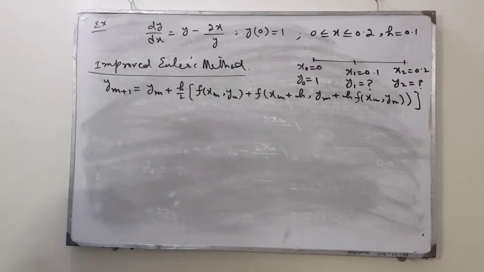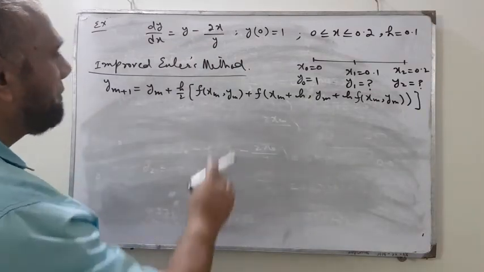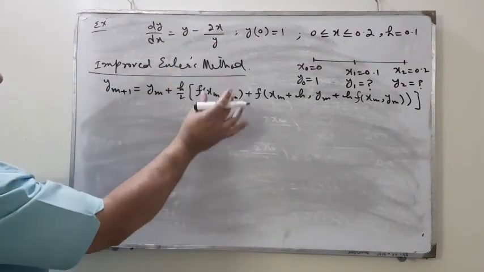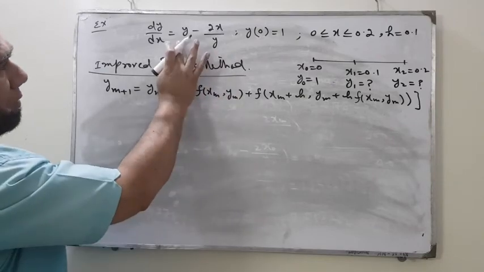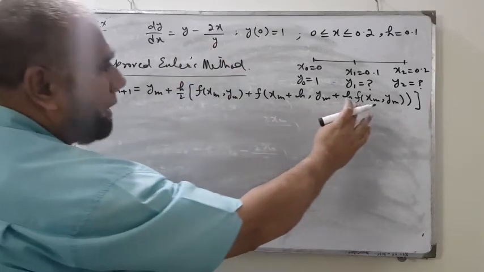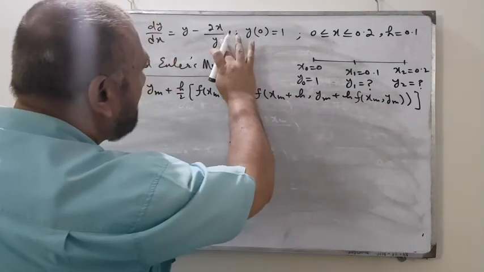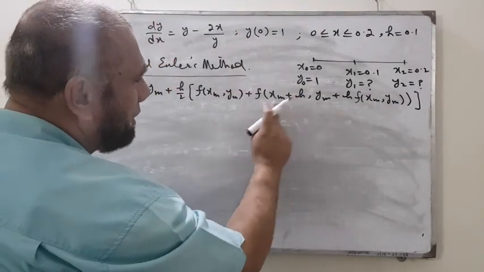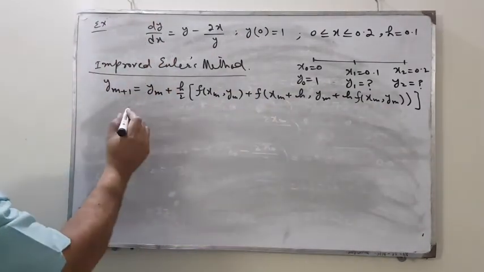Now you have to put in the values. The function is this one. I can replace this quantity by y minus 2x over y. The inner part of the function can also be replaced by this. After doing this, you then have to replace the outer function.